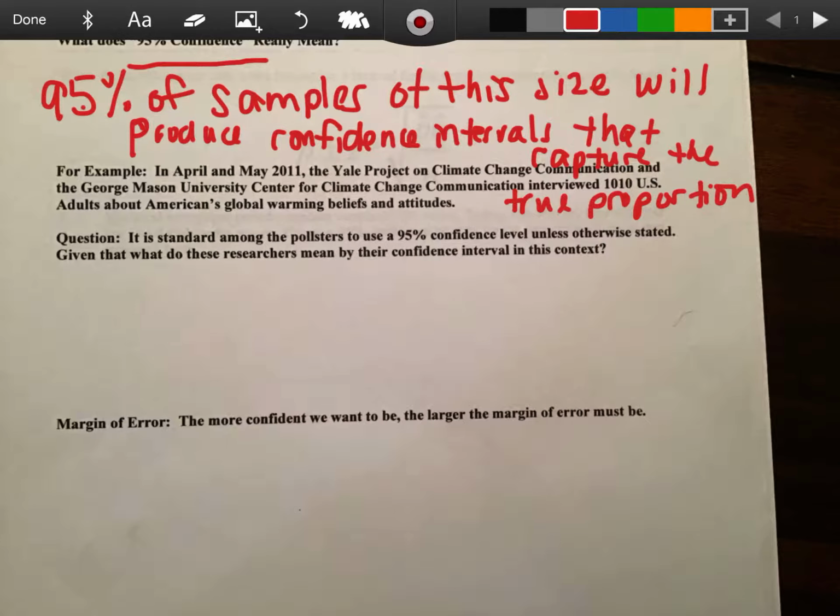So the more specific you make your confidence, the wider your number range is going to be.